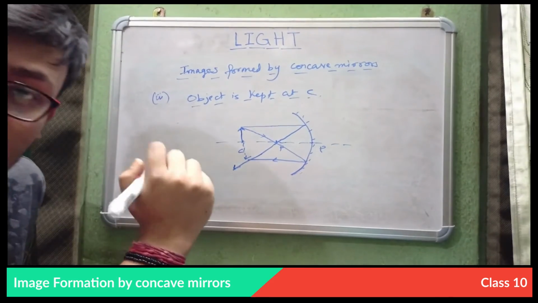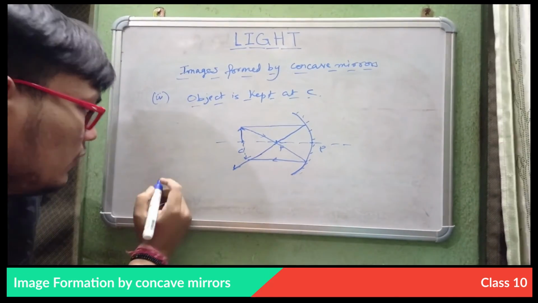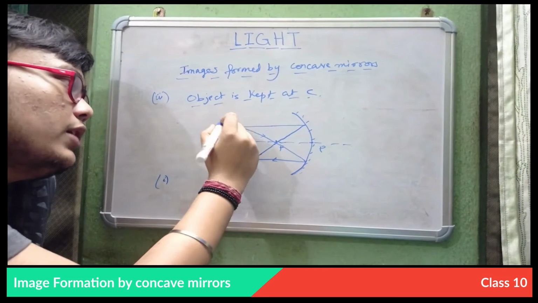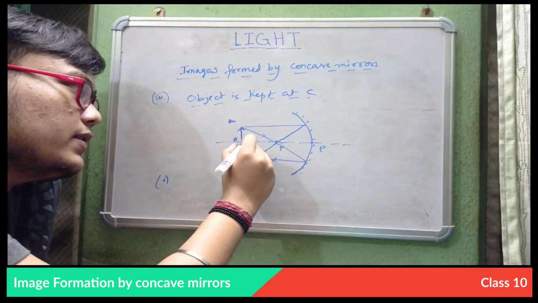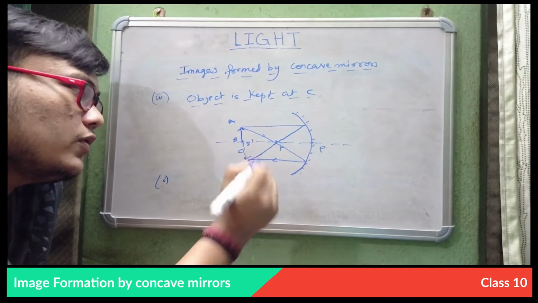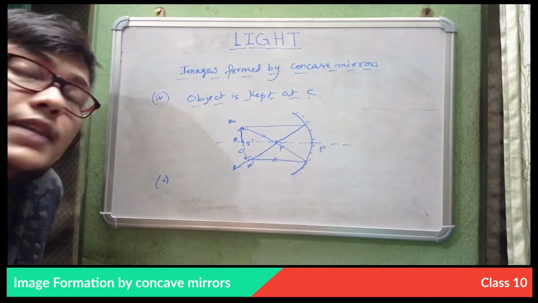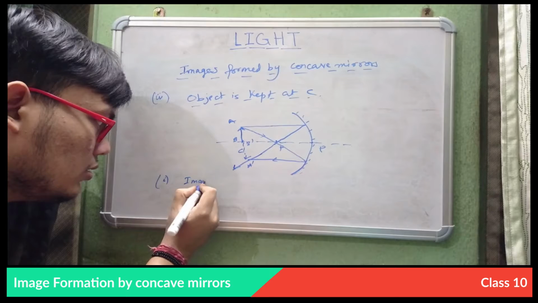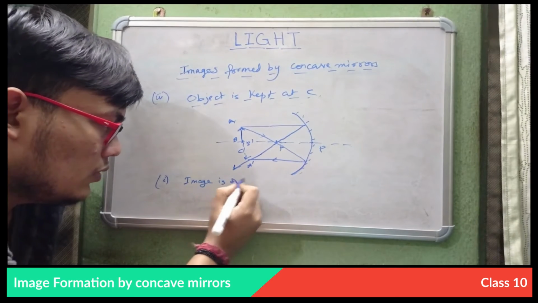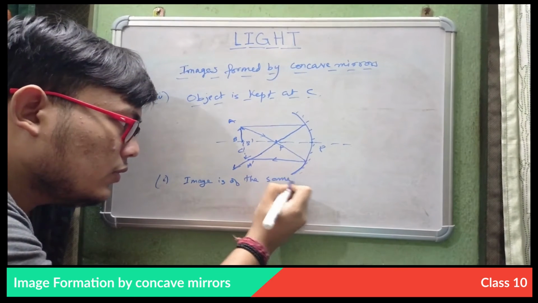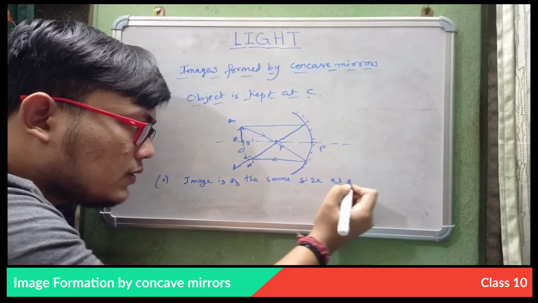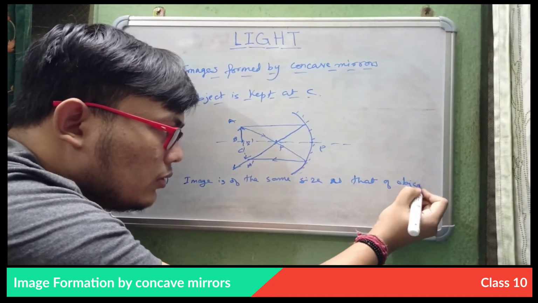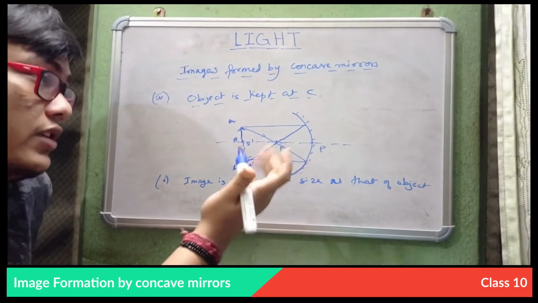So we will quickly write down the characteristics of the images which are formed. So what is the first characteristic? We can see that if this is A, this is B, this is B bar, this is A bar, the image is of the same size as that of the object. Okay, this is the first inference.